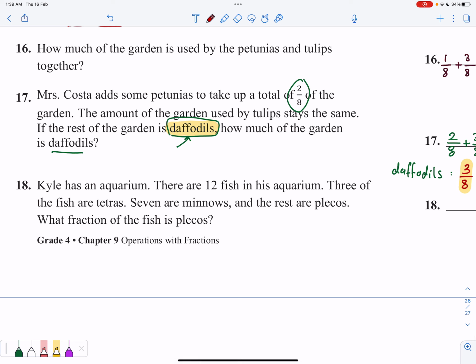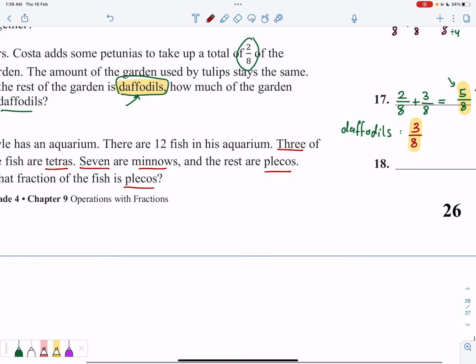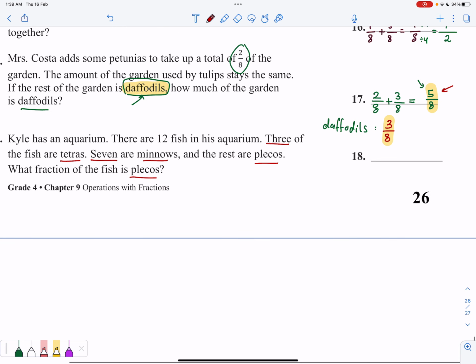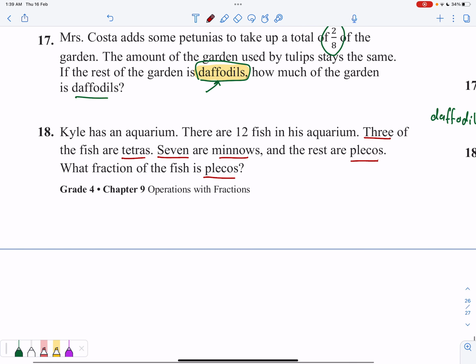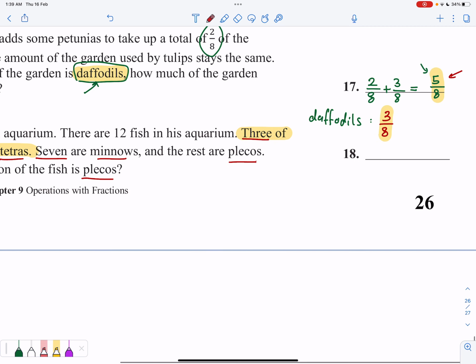And the rest are plecos. Everything else is plecos. What fraction of the fish is plecos? Let's write a fraction for each one of these kinds. The first kind is 3 of the fish.